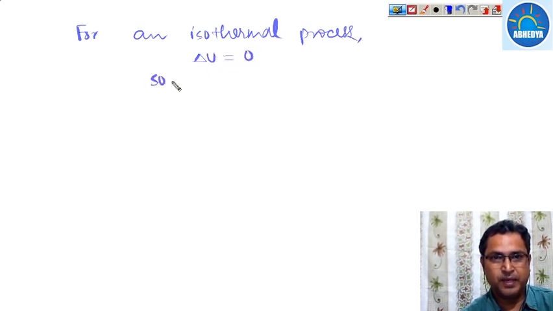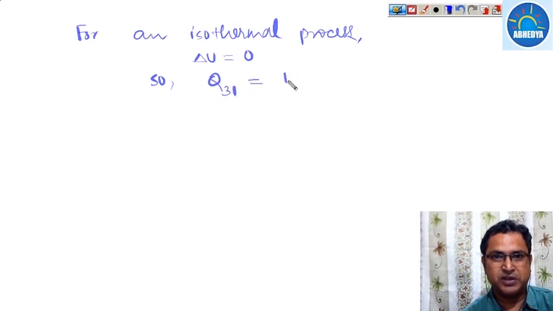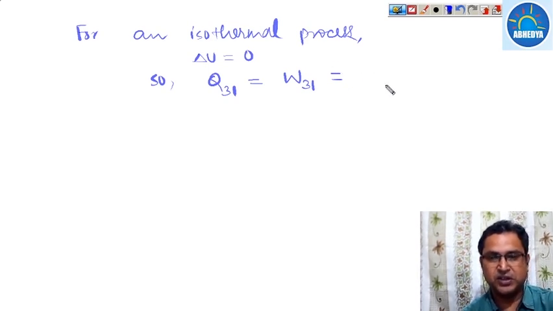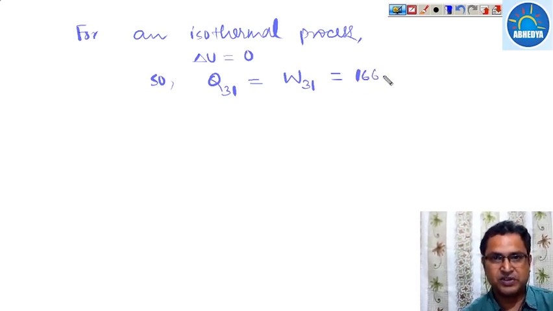So Q from 3 to 1 is nothing but equal to work from 3 to 1, and this comes to be 166.3 kilojoule per kilogram.